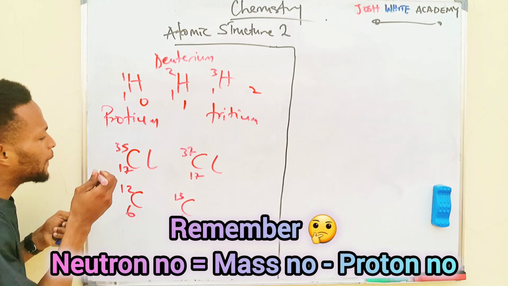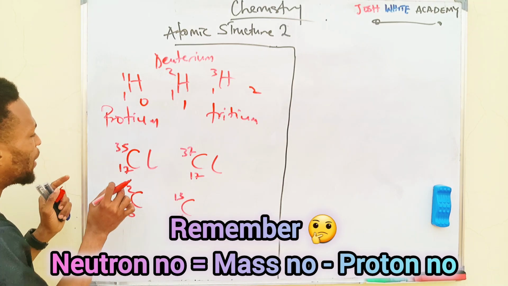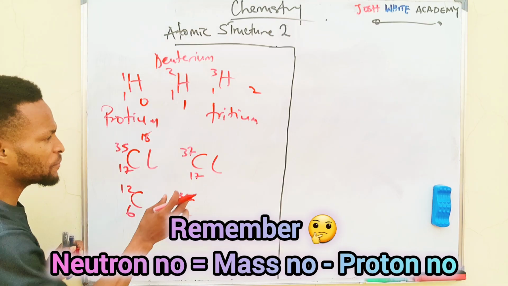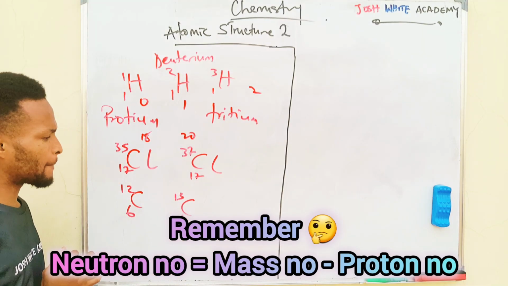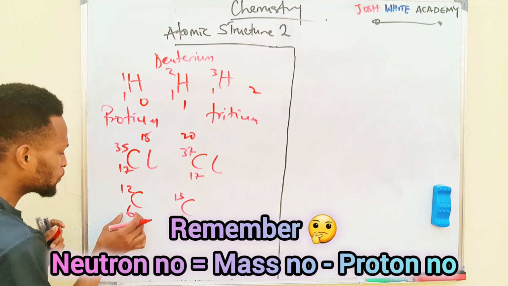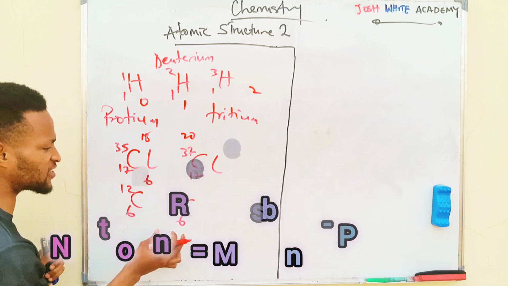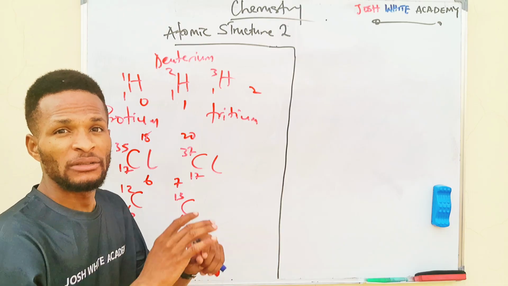Chlorine 35 and chlorine 37: their proton number is the same, but their neutron number differs, for example, this has 18 as neutron number and this one has 20. Same with carbon. Proton number the same, but neutron number here is 6 and here is 7. So please take note.